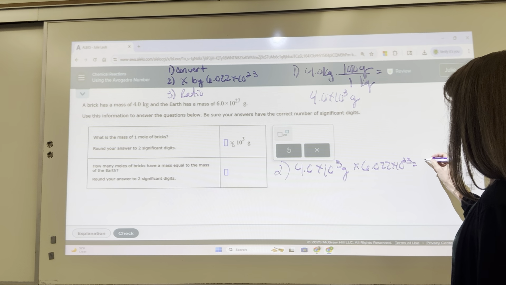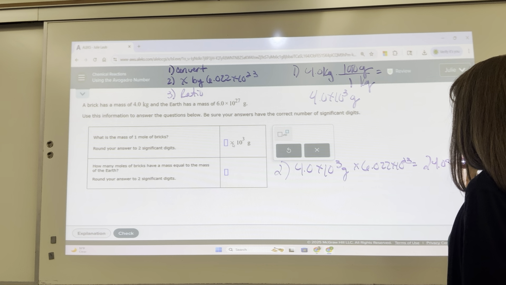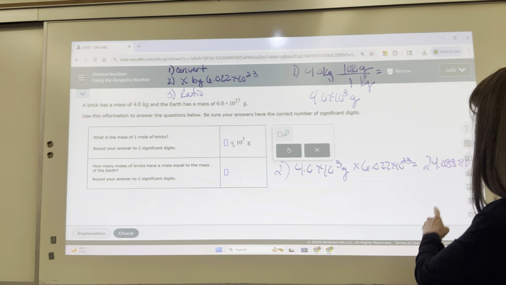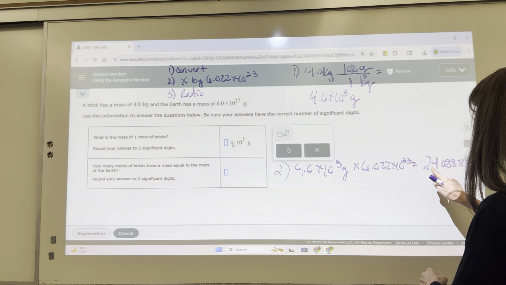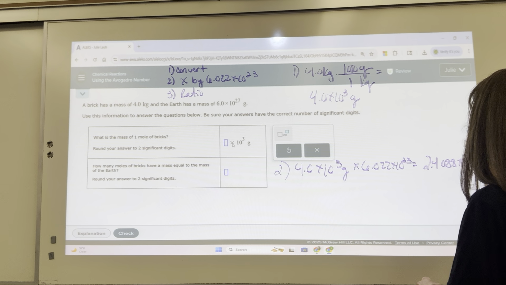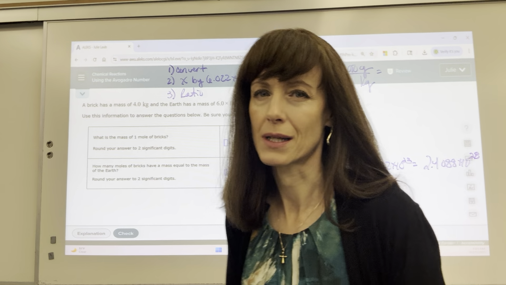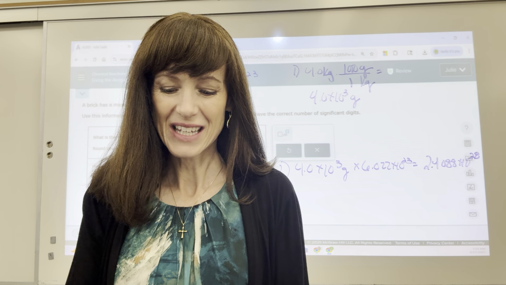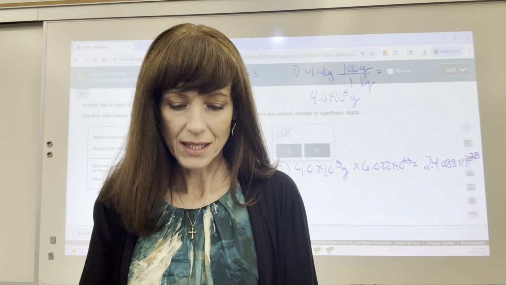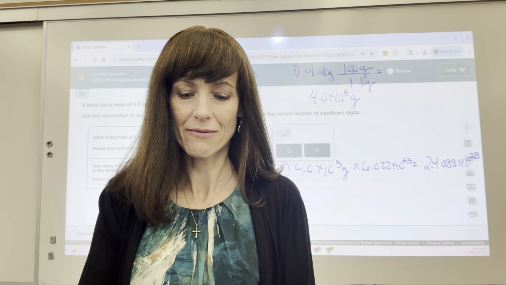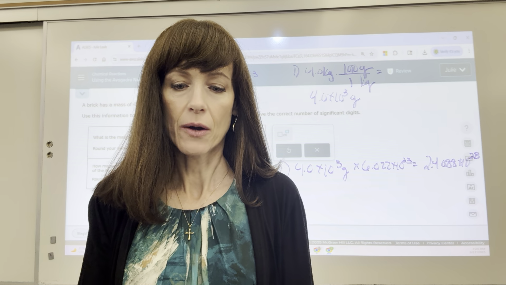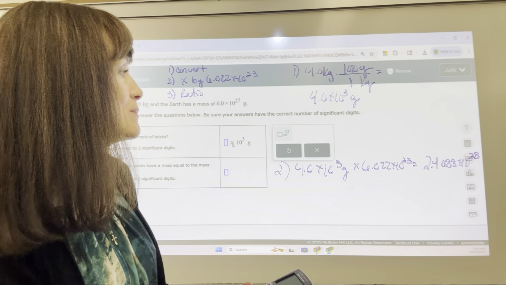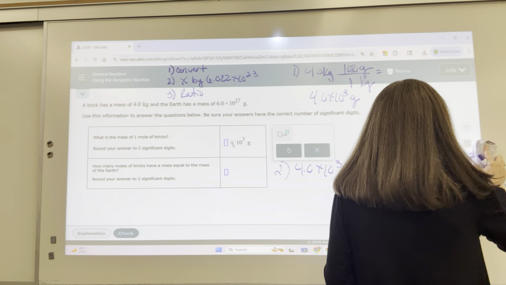And we are going to get 24.088 times 10. Actually, if I move this to a 2.4 times 10 to the 28, let's double check my mental math super fast. So 4 times 10 to the 3 times 6.022 times 10 to the 23, and we get 2.4088 times 10 to the, I missed it, times 10 to the 27.